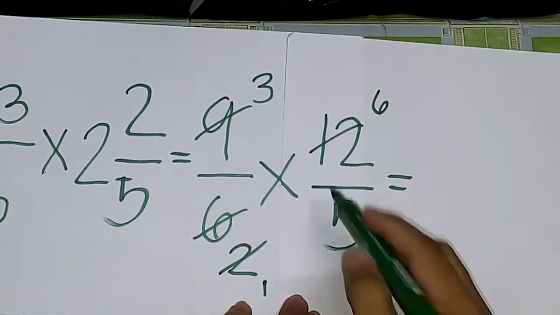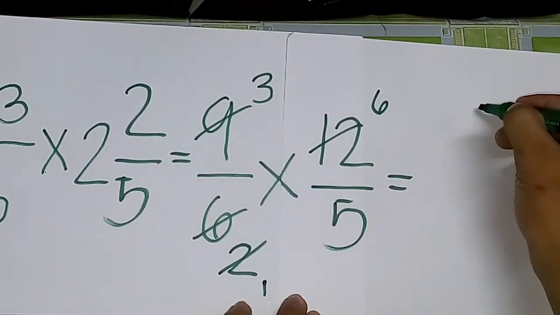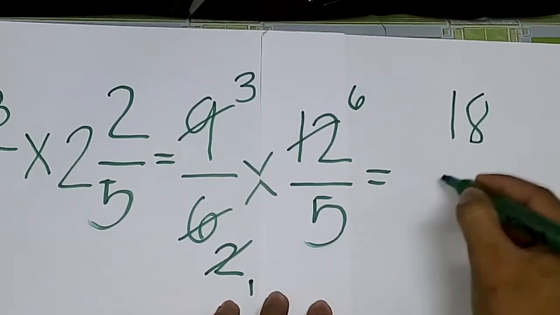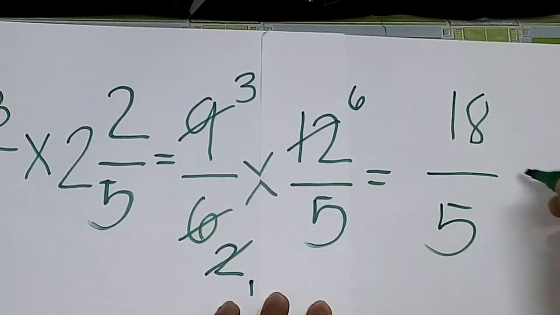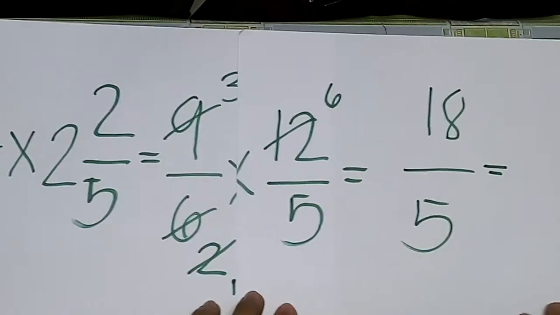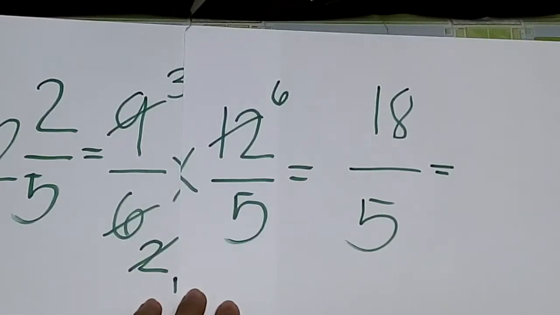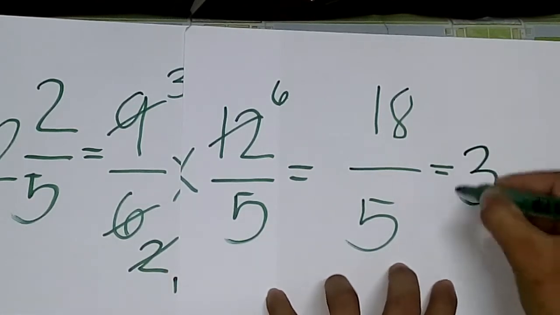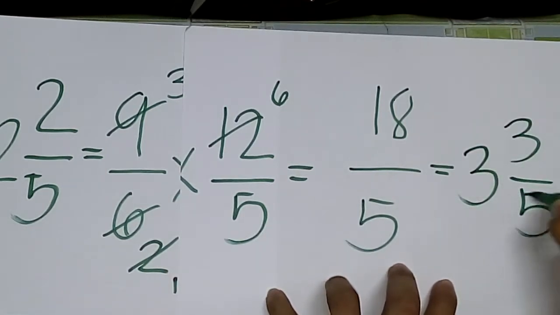We can now proceed to multiplication. 3 times 6, 18. And then 1 times 5 is 5. So it will give you 18 over 5. Simplify our answer. 18 over 5, that is 3 and 3 fifths.